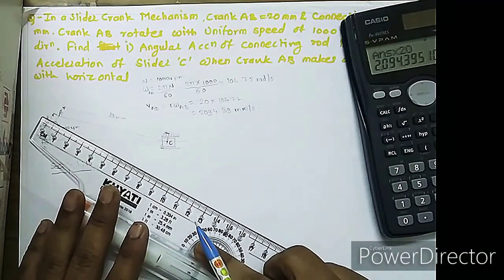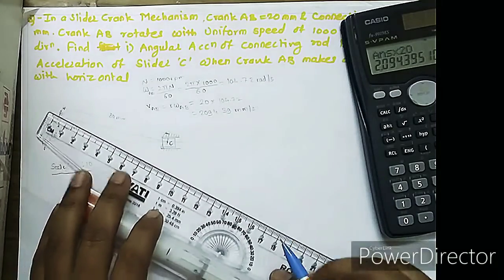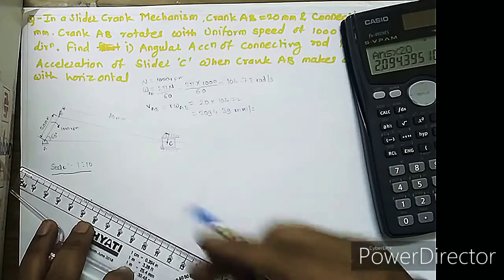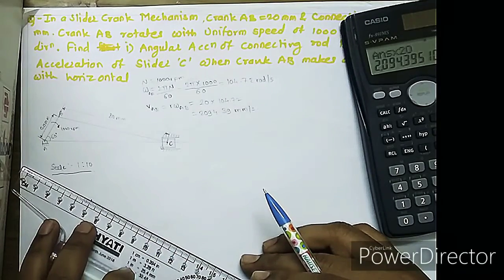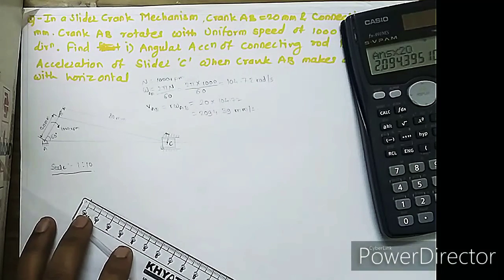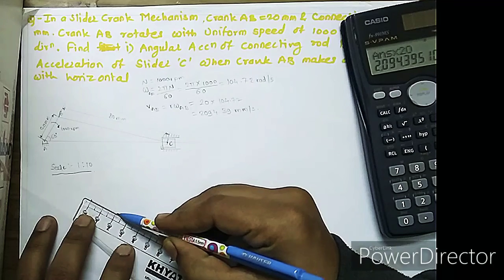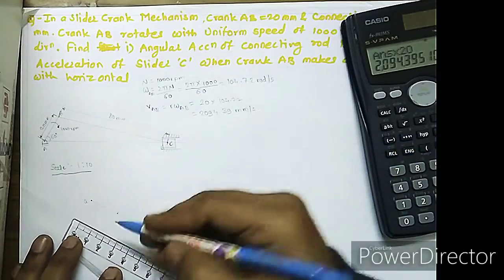So we have to mark the 2.094 on a line which is perpendicular to the crank AB. So now I am marking 2.094 centimeter, that is almost 2.1, near to that.